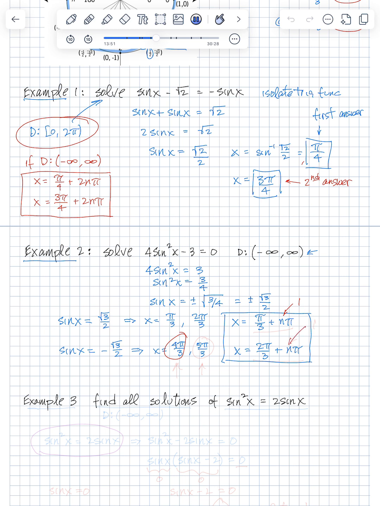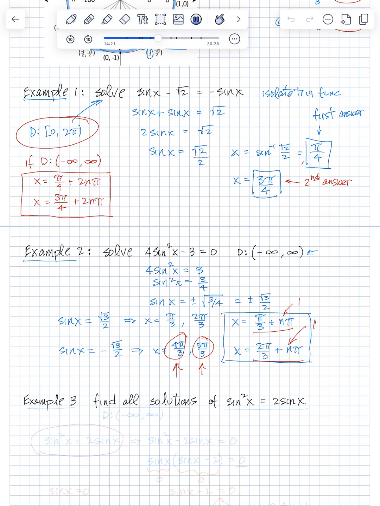And likewise, if n is 1, we have 2 pi over 3 plus pi, and that answer is 5 pi over 3. So we don't have to identify these answers separately because they're included in the first two equations, pi over 3 plus n pi, and 2 pi over 3 plus n pi.